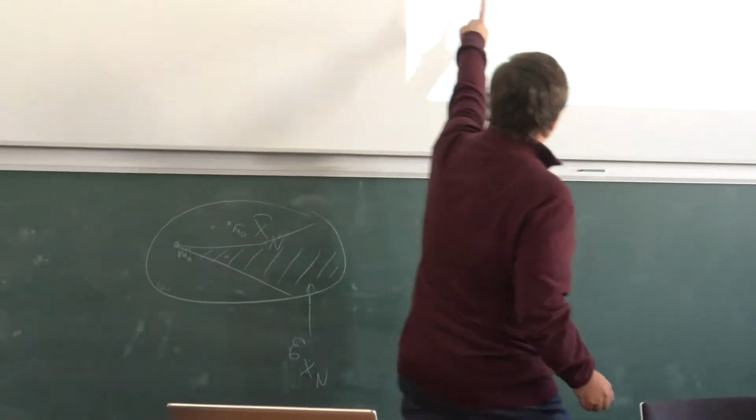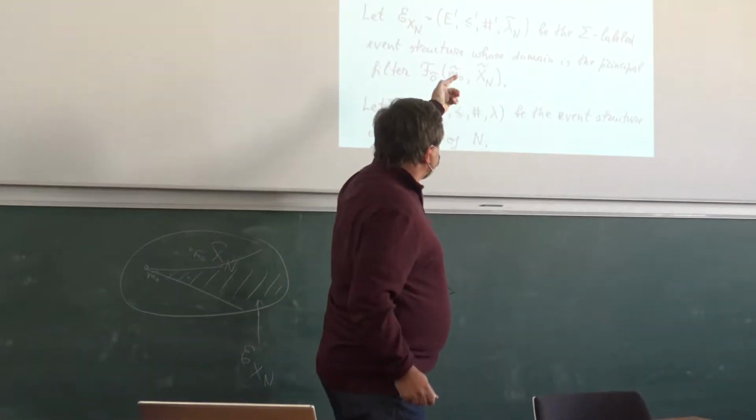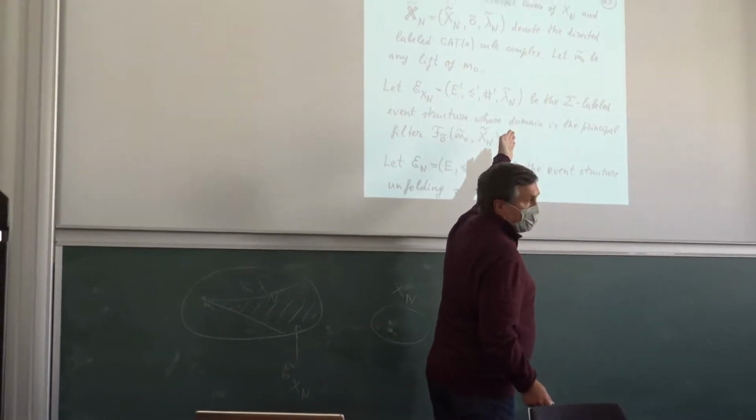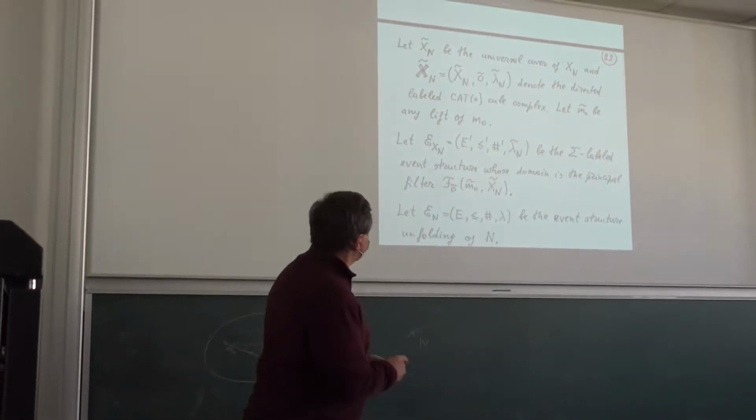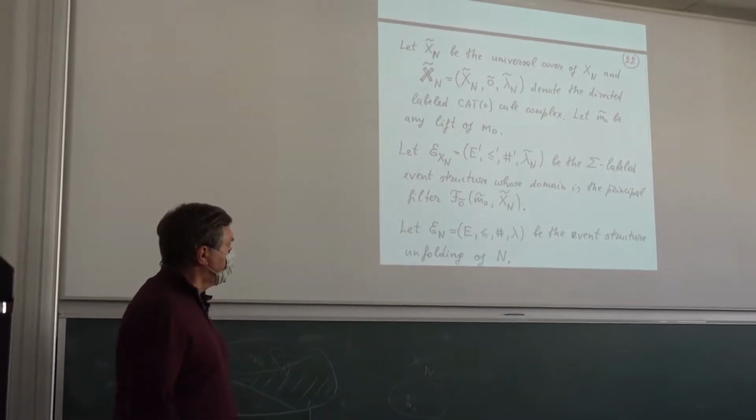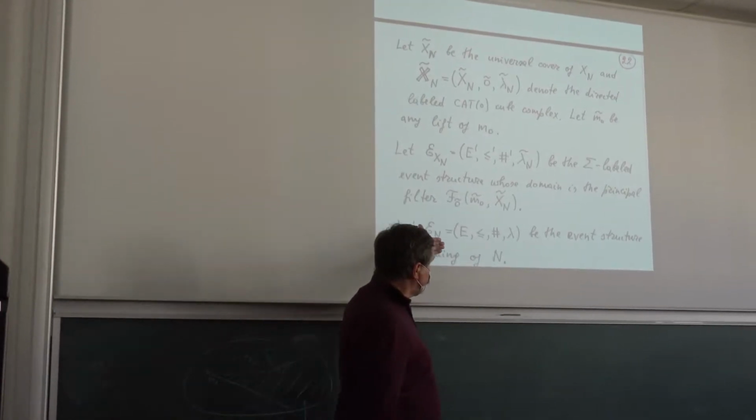Yeah. And this event structure, in fact, is labeled. It has trace labeling and has a precedence and a conflict relation. Okay, this is one. And then the second event structure is that which I define in a very fuzzy way, the event structure of the unfolding.